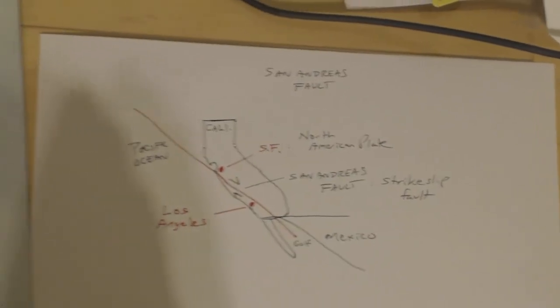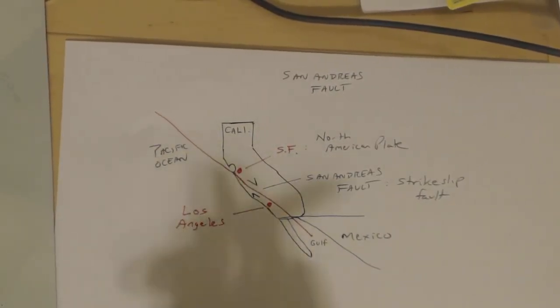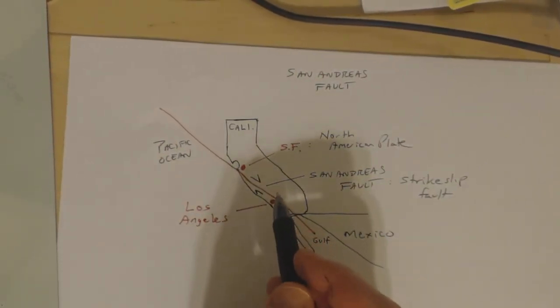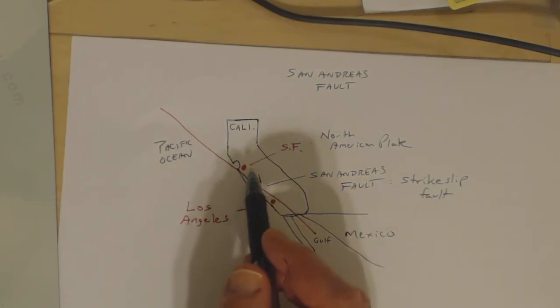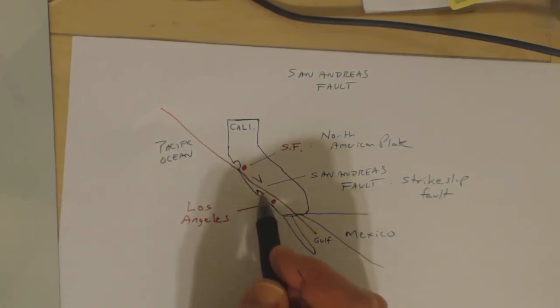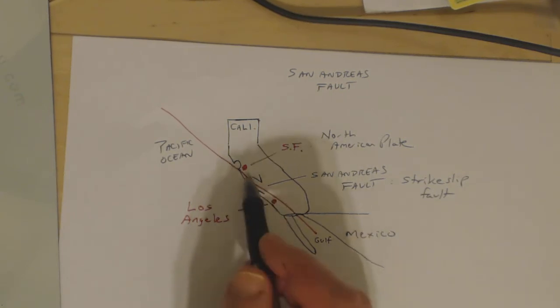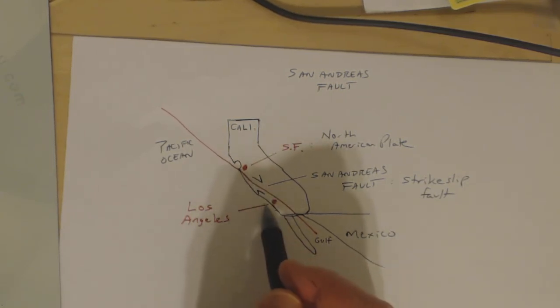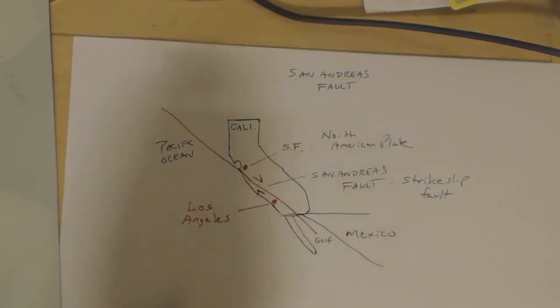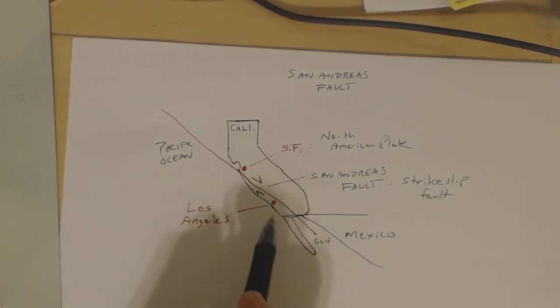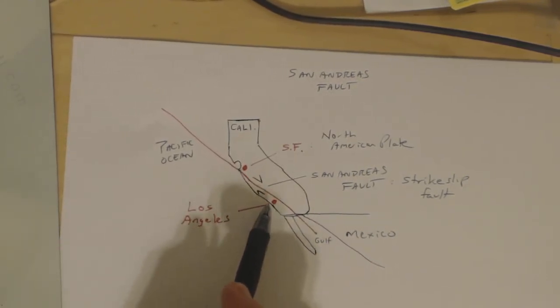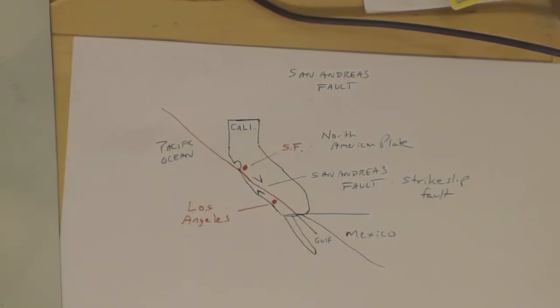And so the idea is that San Francisco is gradually moving to the south, Los Angeles is gradually moving to the north. At some point in a couple of 10, 20, 30 million years or so, San Francisco and Los Angeles are going to be neighbors. My question to you is, is this a right lateral or left lateral strike-slip fault?